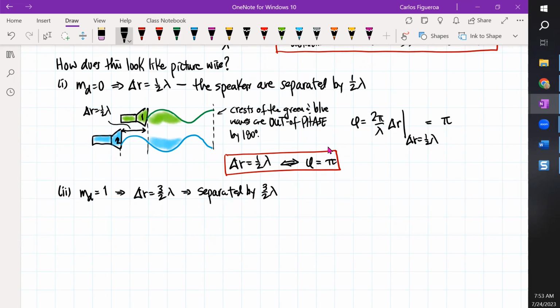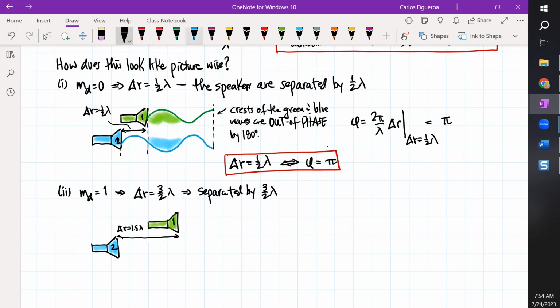If I imagine that I have a speaker here and a speaker back here, that means the path difference between these two speakers is delta r equal to 1.5 wavelengths.